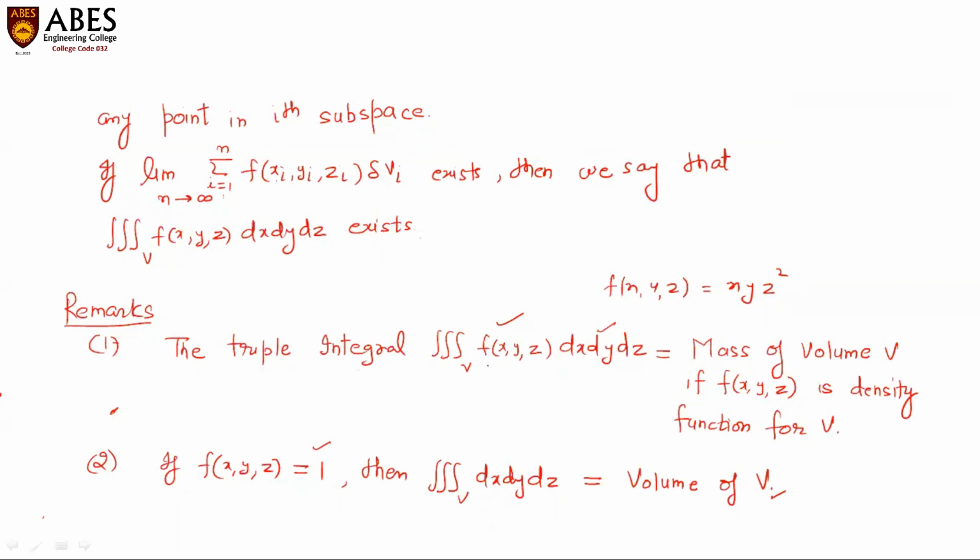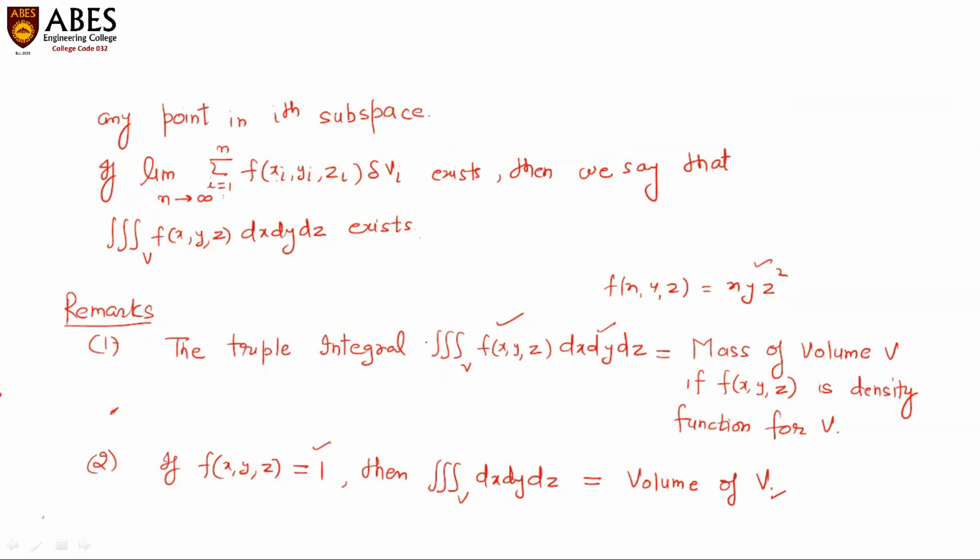The triple integral over V of function f(x, y, z) dx dy dz represents the mass of volume V if f(x, y, z) represents density. Suppose we take f(x, y, z) equal to x y z squared, so the functional value is not constant, it is a variable value, then this will be treated as density, and we know that volume and density give mass.